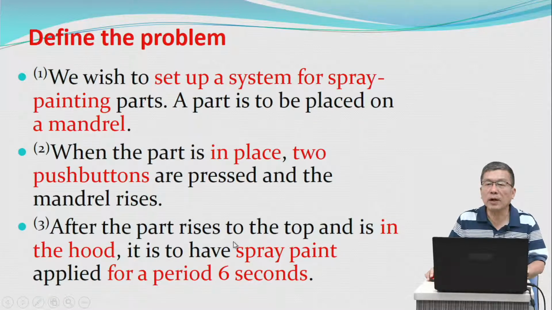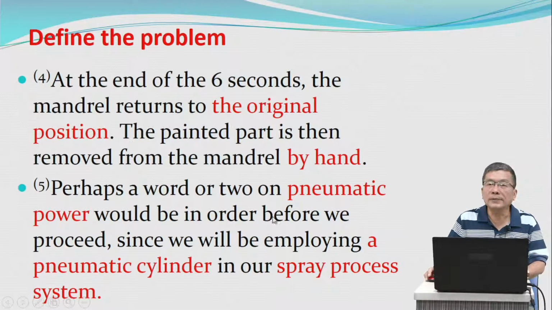After the part rises to the top and it is in the hood, it is to have spray paint applied for a period of 6 seconds. At the end of the 6 seconds, the mandrel returns to the original position. The painted part is then removed from the mandrel by hand.